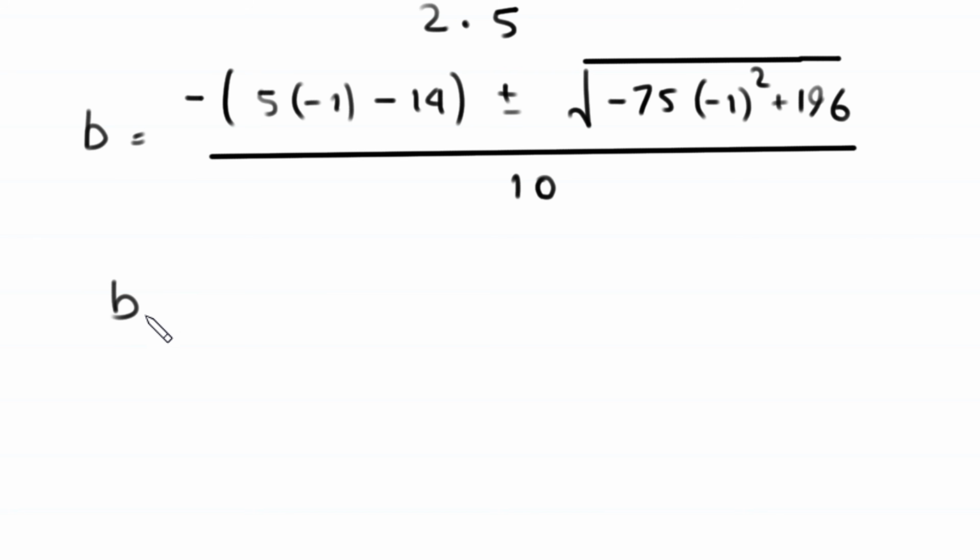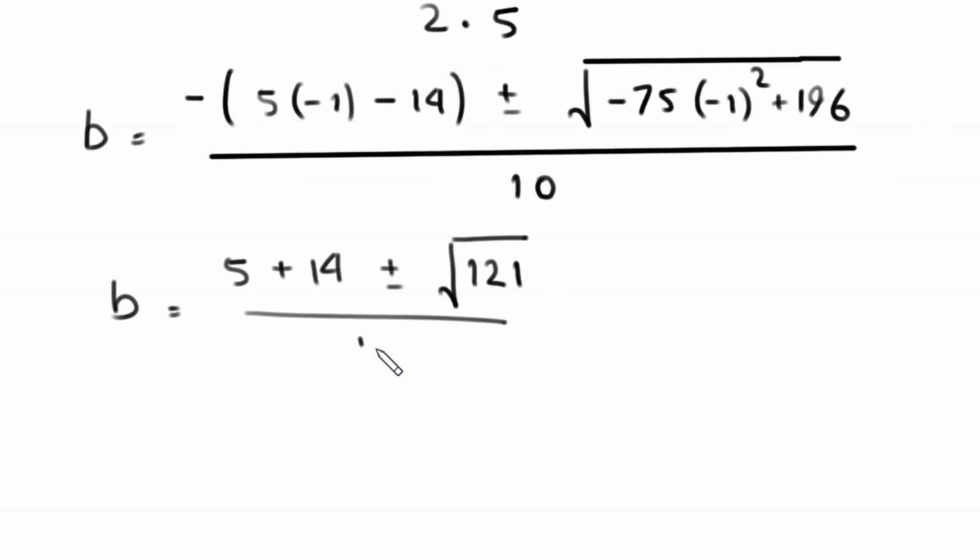Further simplify, this will become b is equal to negative times negative 5 plus 5 and negative times negative 14 plus 14 plus or minus the square root of negative 75 times 1 is negative 75 plus 196 will become 121, divided by 10.